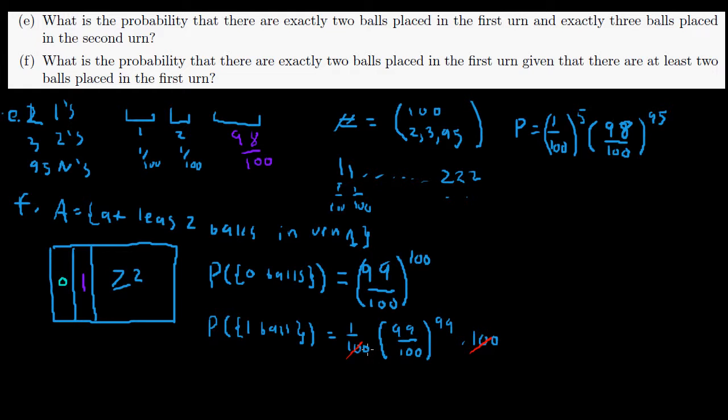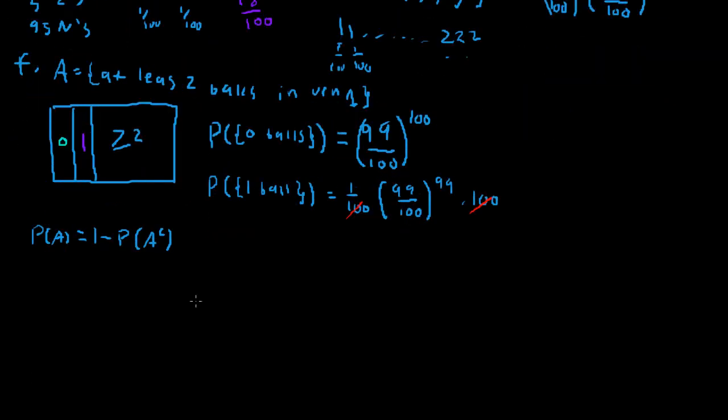So what are we left with now? So then the probability of A is 1 minus these two probabilities, right? Because I add them together, and that gives me the probability of A complement, and A is 1 minus the probability of A complement. And what's the probability of A complement? Well, it is 99 over 100 to the 100 plus 99 over 100 to the 99.